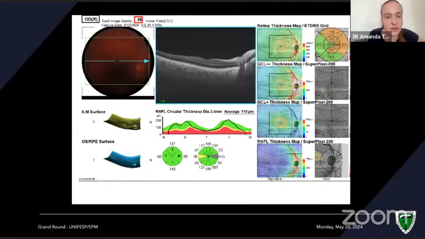So for the OCT of the right eye, we can see a normal vitreoretinal surface, preserved foveal depression, no alterations in the inner and outer layers of the retina, and normal choriocapillaris. It seems to be a normal exam.